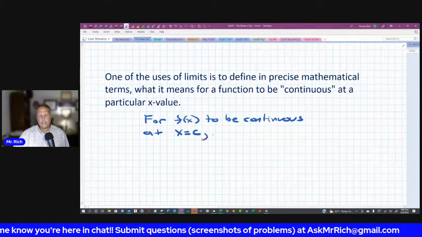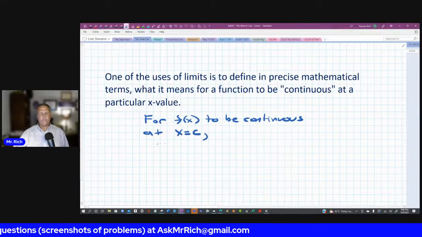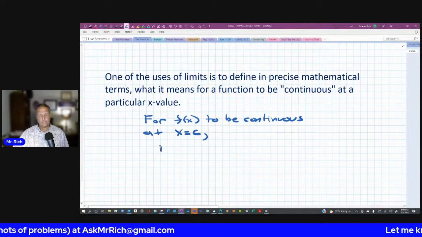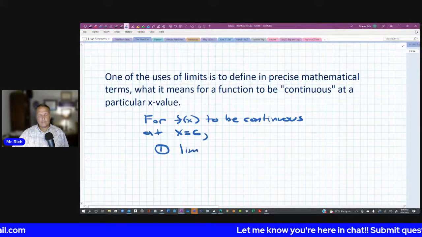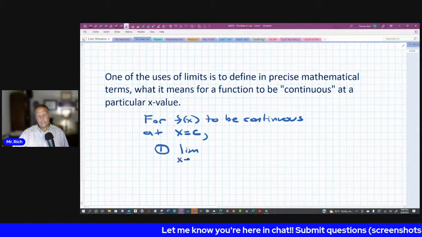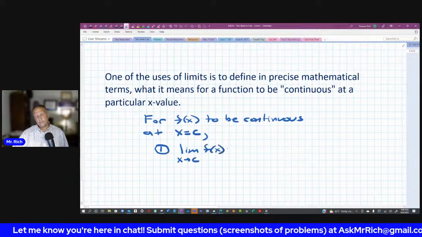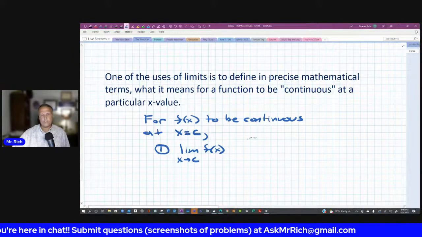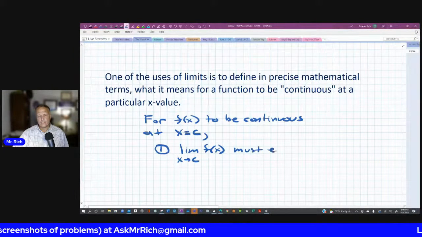Three things have to be true for f of x to be continuous at x equals c. Number one, the limit of my function f of x as x approaches c must exist.